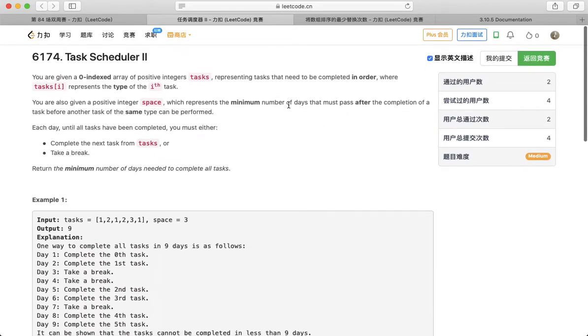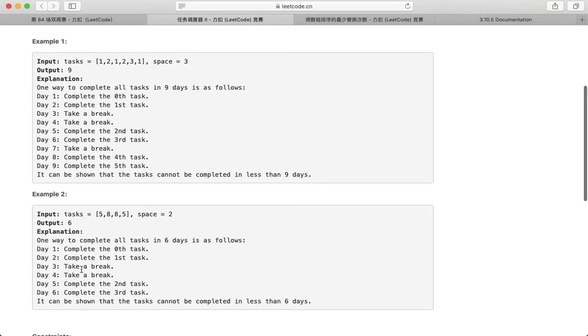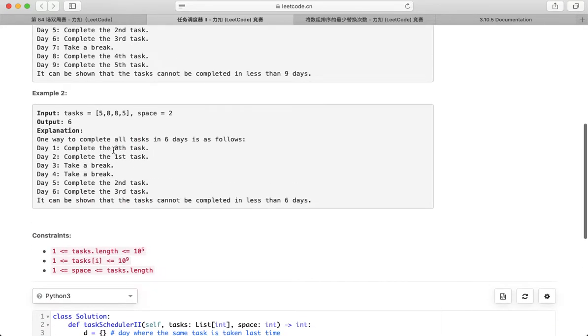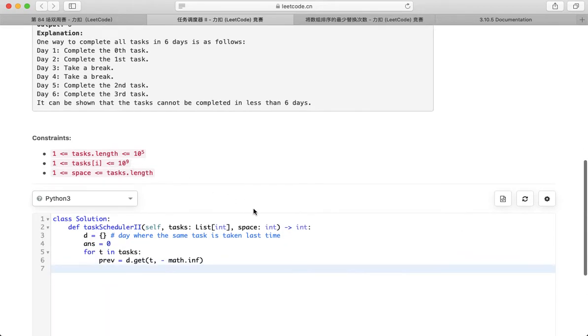So it's like the number of whole days that need to be skipped, which means that if this is 0 first, 0, 1, 2, 3, 4, 4 minus 1 equals 3, so it's like space plus 1.